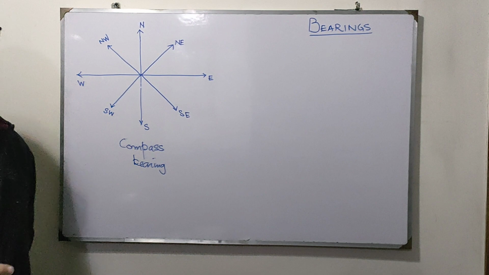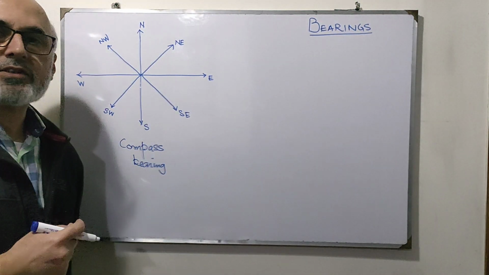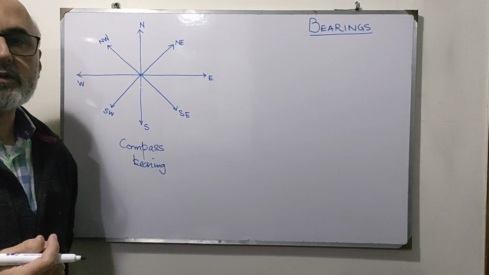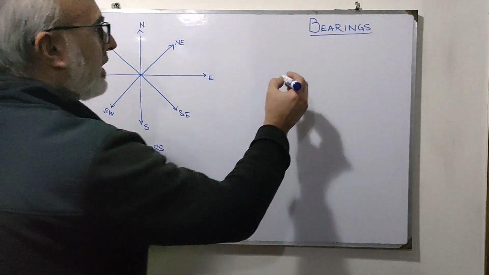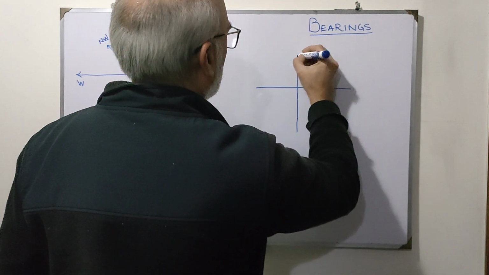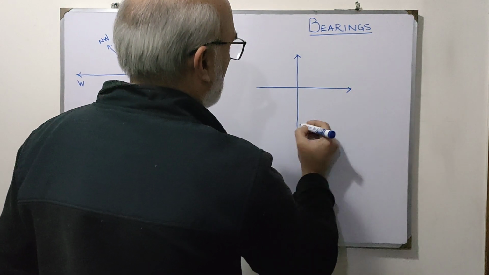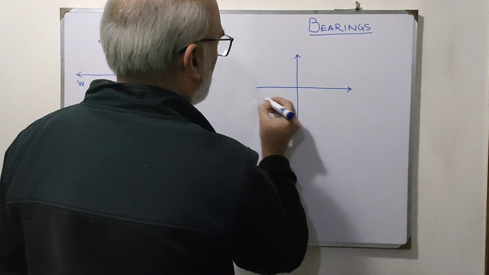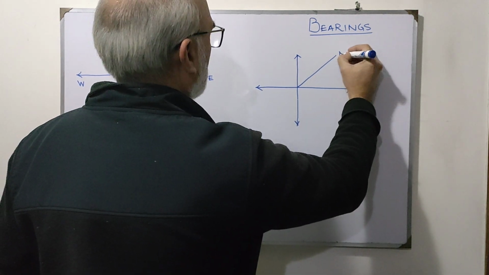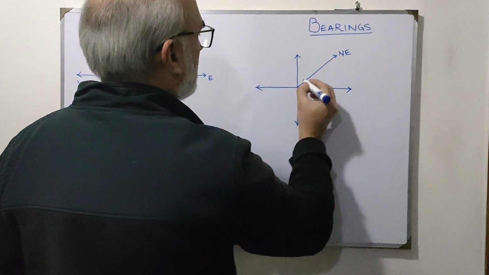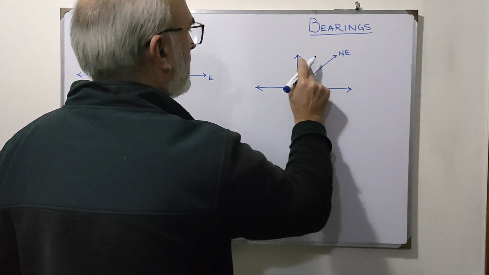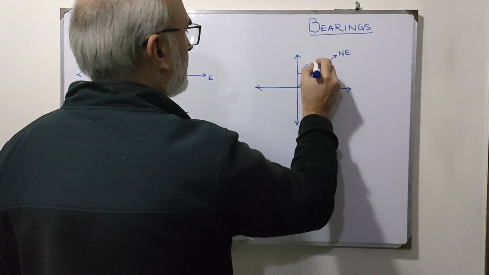But sometimes these directions are not sufficient. We need to know with more accuracy. For that, if we have something like this, north, east, south and west, and if I have this northeast, and I say, let's say, this is 50 degrees.